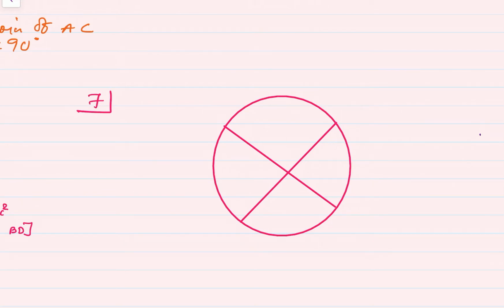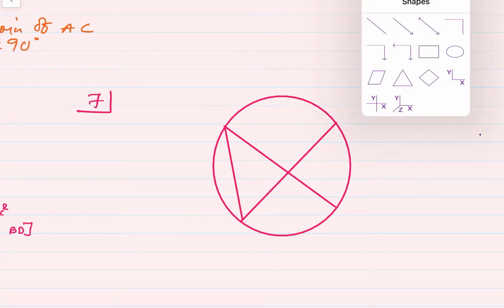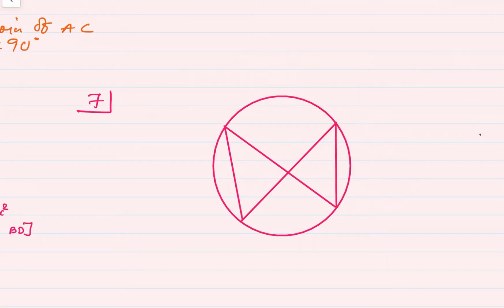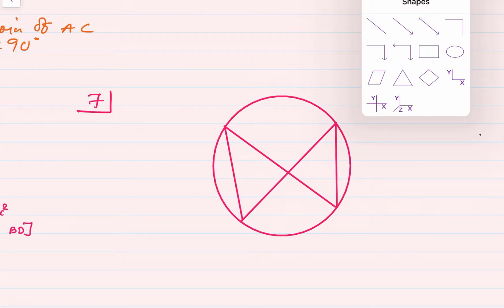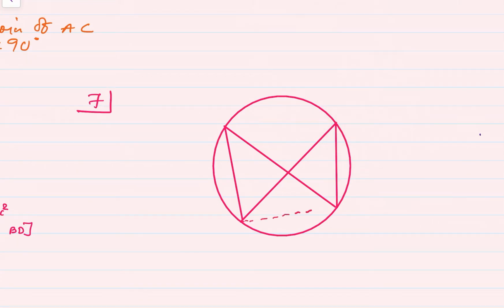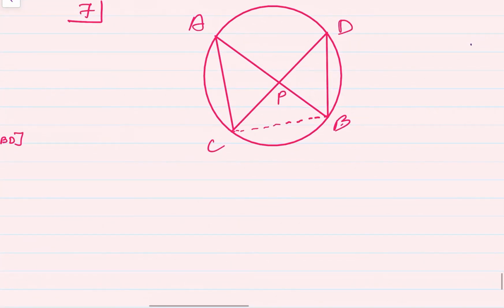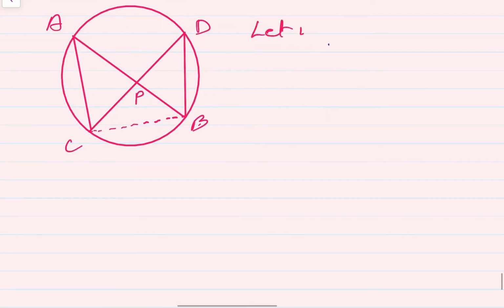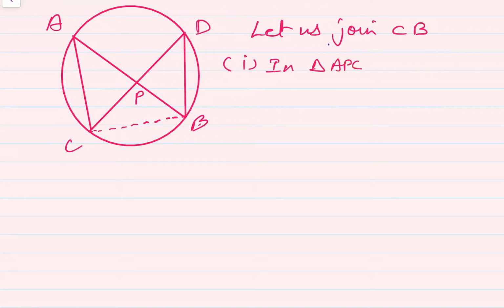They are intersecting at point P, so we have two chords AB and CD and point P. Now let us join CB.